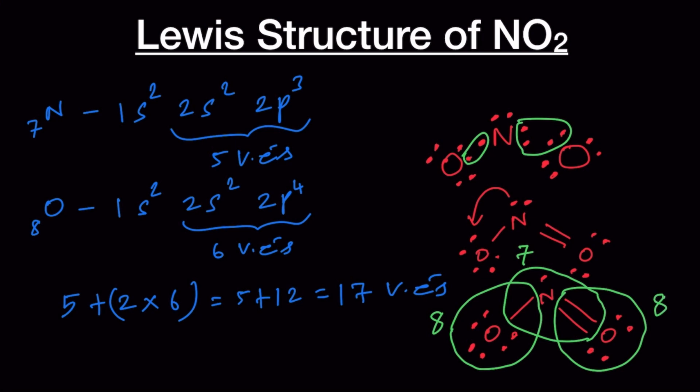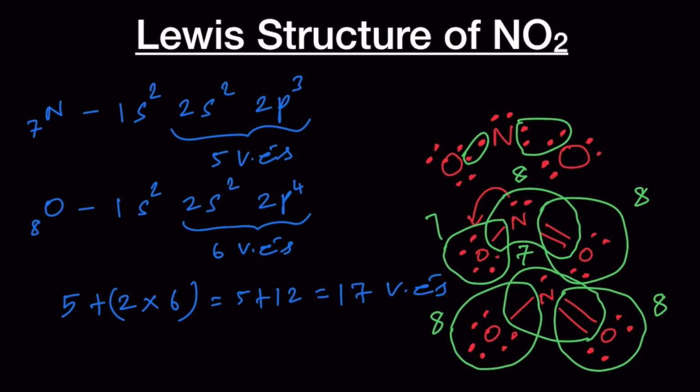If we check the octet configuration for the other resonance structure, then we have 8 here, 2 bond pairs, 2 lone pairs, and then the nitrogen atom does satisfy the octet configuration here, and then this oxygen atom does not satisfy the octet configuration here.